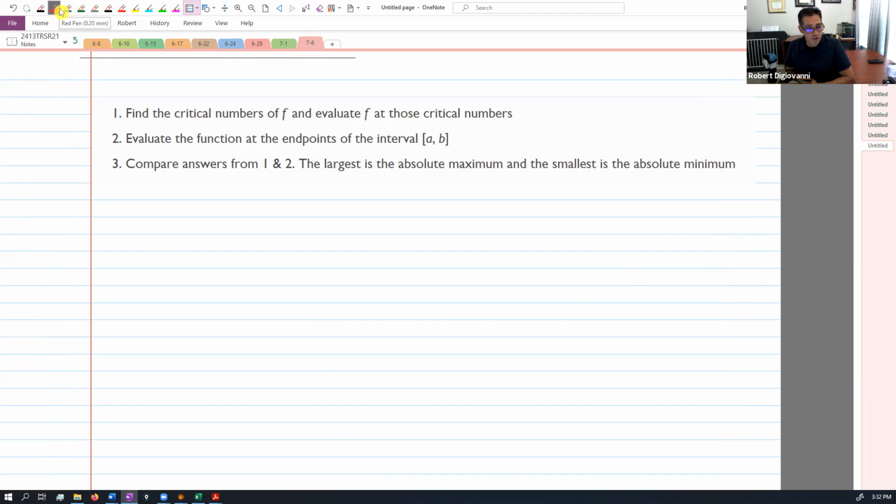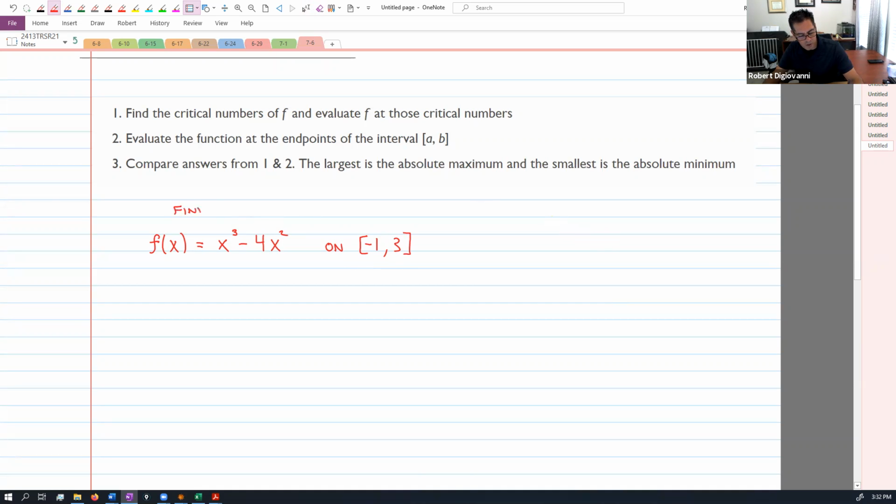I'm going to give you a closed interval, and I'm going to ask you to give me the highest and lowest values of this function on the interval. So here's a function. f(x) equals x cubed minus 4x squared. And I want you to look on the interval [-1, 3].